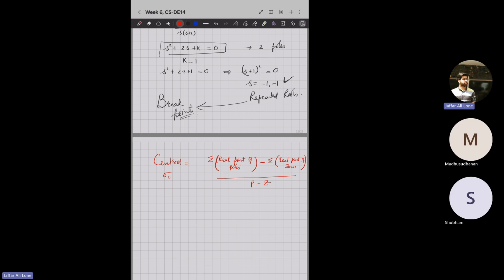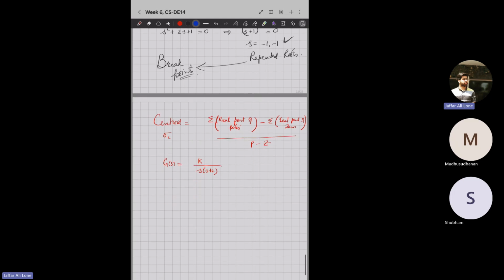Now let's come to this question, which was, what was it? It was when g of s is k divided by s into s plus 2. I think this was it. Now let's find the centroid. What are the poles? 0 and minus 2. Both are real. What are the zeros? No zero. So what will be the centroid?